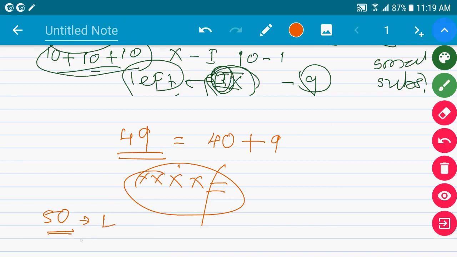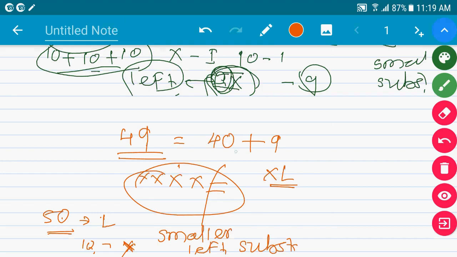L. And which symbol represents 10? X. So if I do 50 minus 10, I get 40. The condition is the smaller number should be at the left when I have to subtract. Which is the smaller number between L and X? X. So I will write XL for 40 and IX for 9. So 49 can be written as XLIX.